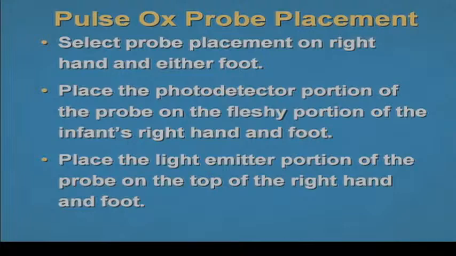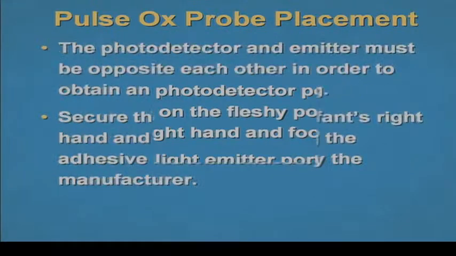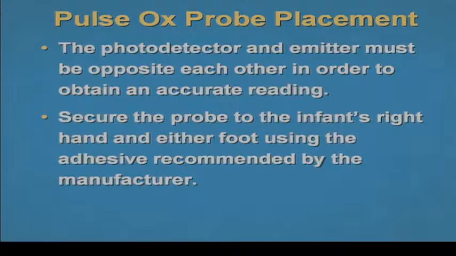It's also important that the photodetector portion of the probe be placed on the fleshy side of the infant's skin of the right hand and either foot. And the light emitter should be placed on top of the right hand and foot. So it is important for the photodetector and the light emitter to be opposite each other in order to obtain an accurate reading.